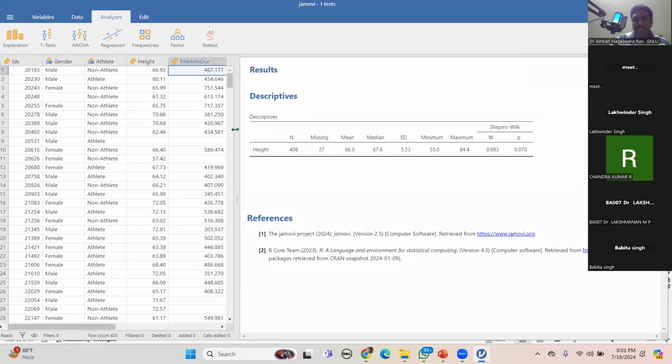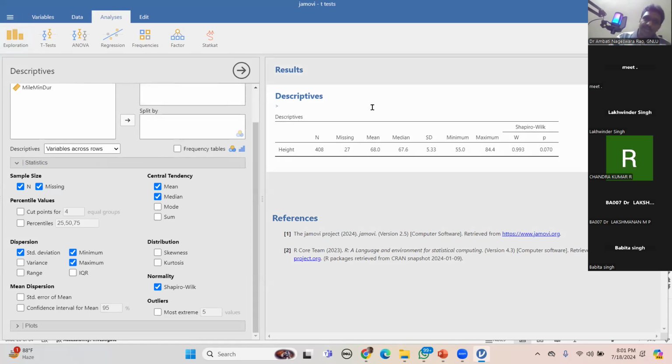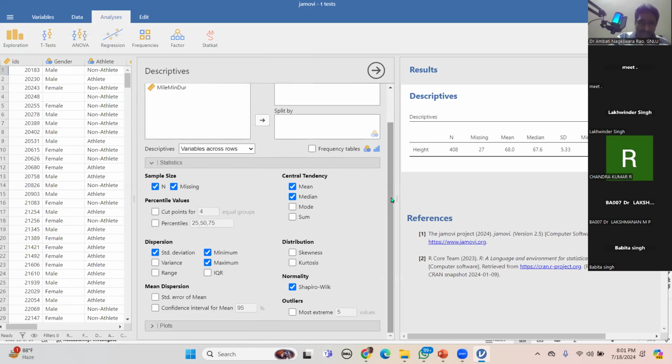If you want to go back to that processing window, just keep your cursor near the results and click on it, and the processing window will come back again.